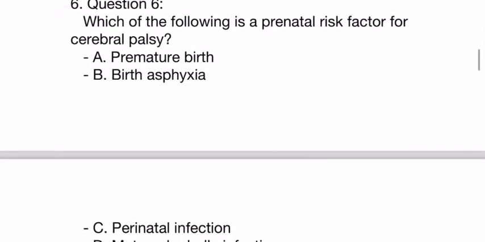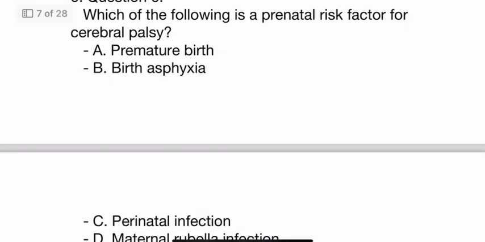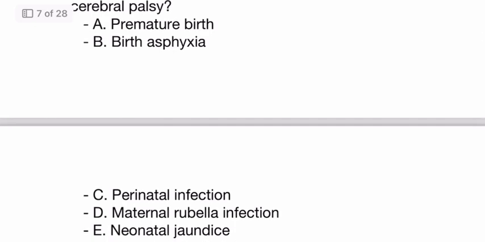Which of the following is a prenatal risk factor for CP? A, premature birth. B, birth asphyxia. C, perinatal infection. D, maternal rubella infection. E, neonatal jaundice. Here you have to understand what prenatal is, and classify these based on whether they are prenatal, postnatal, or perinatal, the time when the patient is at the hospital.